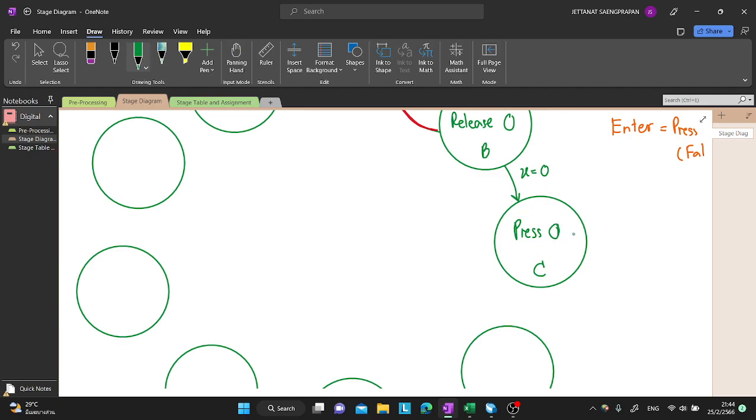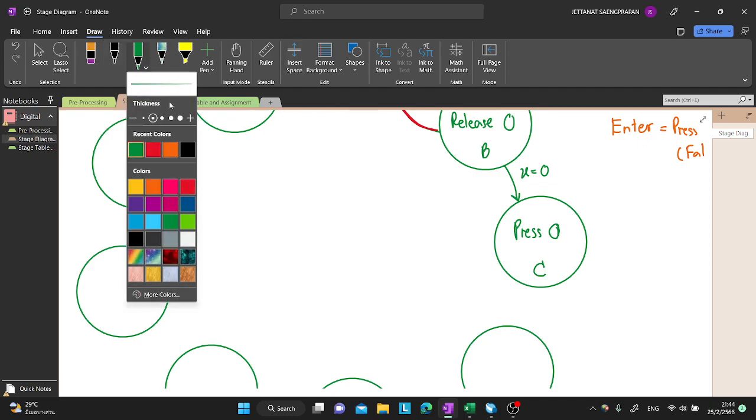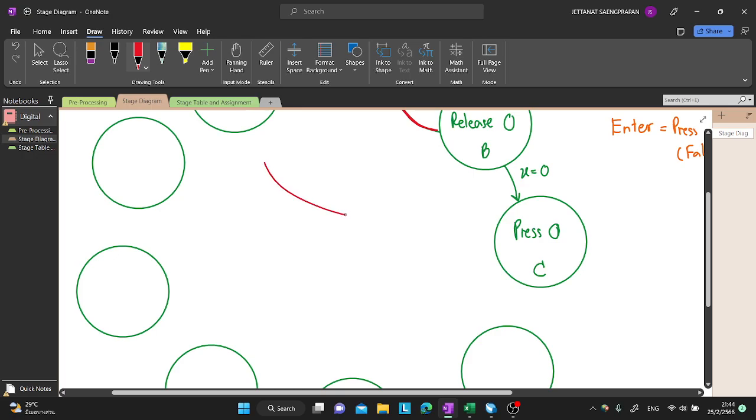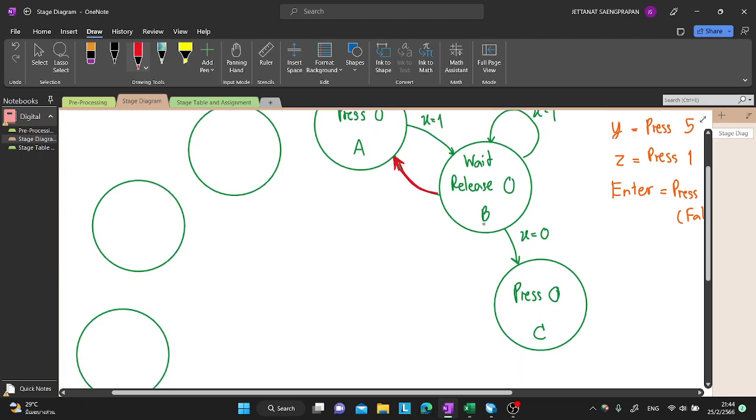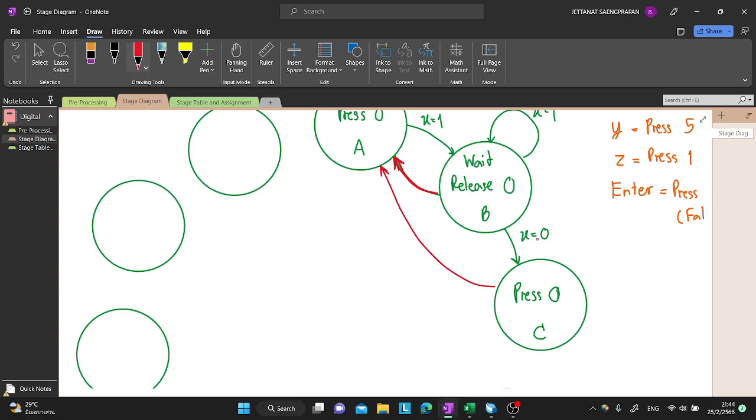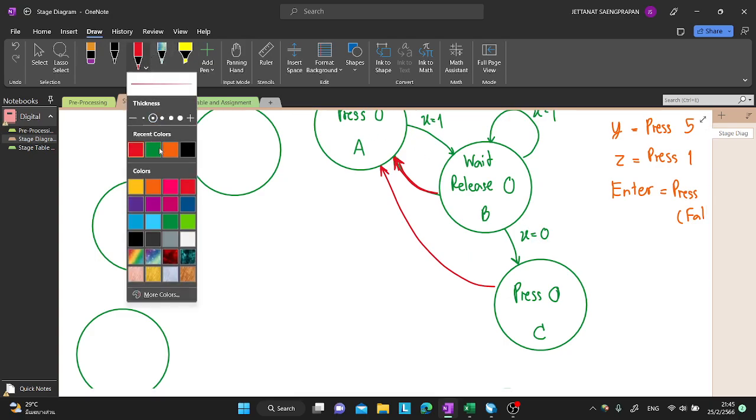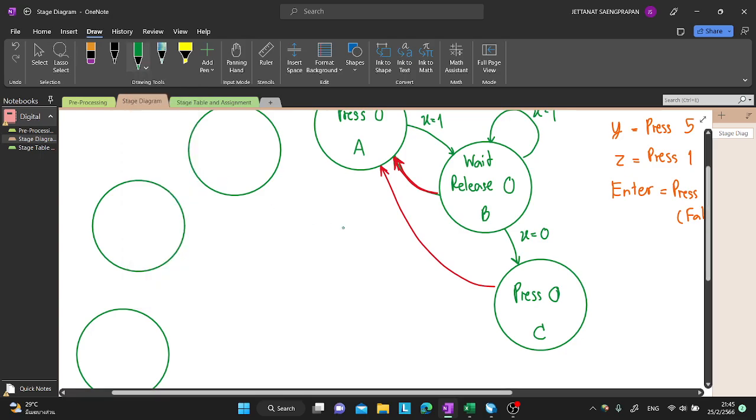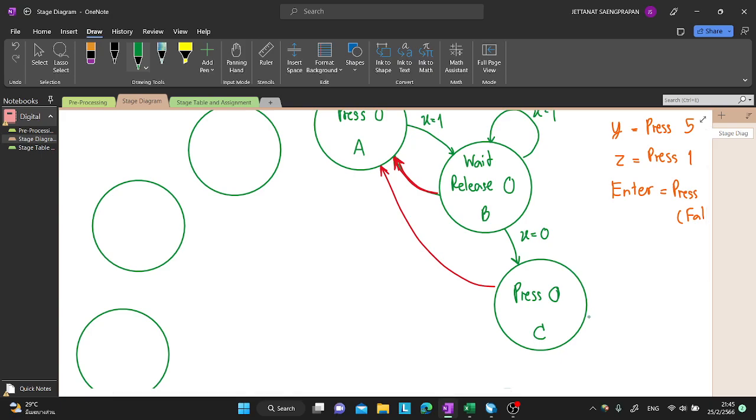If I mess up again, it goes to state A again if I press anything wrong. The state still loops if I don't do anything, which is enter is 0.